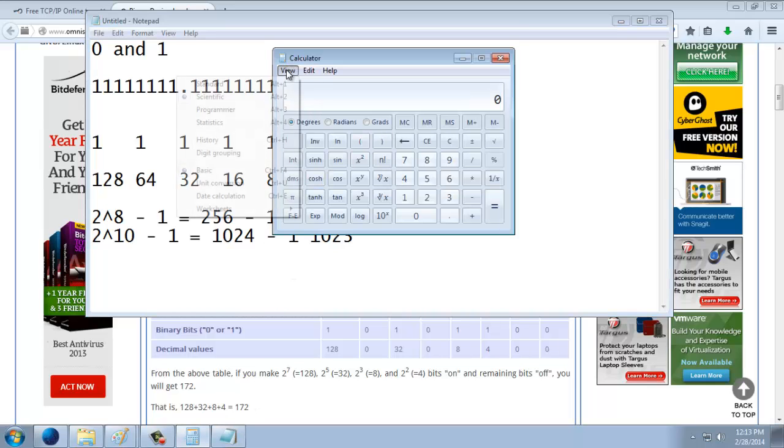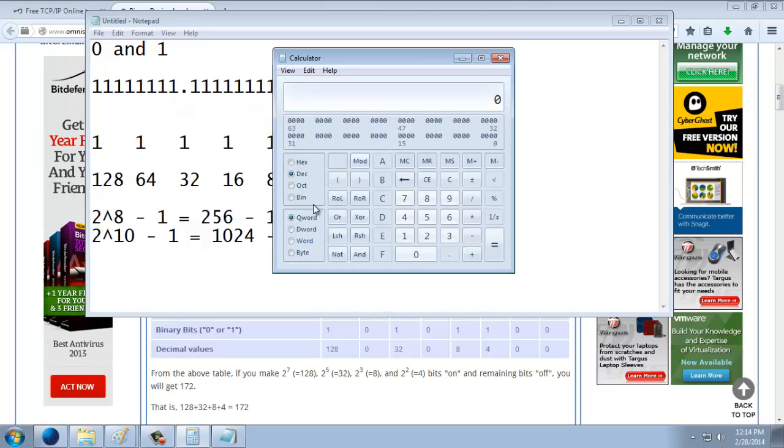You go to programmer mode and go to binary, write all bits as 1: 1, 2, 3, 4, 5, 6, 7, 8, 9, 10. This is a 10-bit number, and this is the maximum possible value which we can get from a 10-bit number because all the bits are 1, correct?